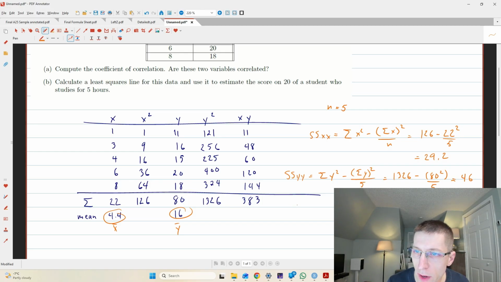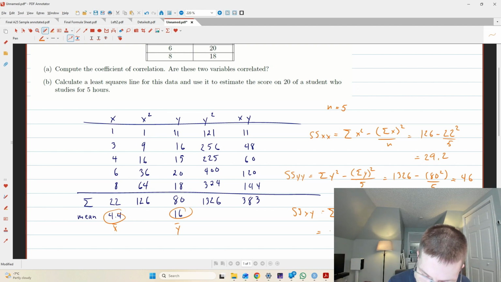And then lastly, my SSXY, very similar looking formula. Sum of xy minus sum of x, sum of y over n.